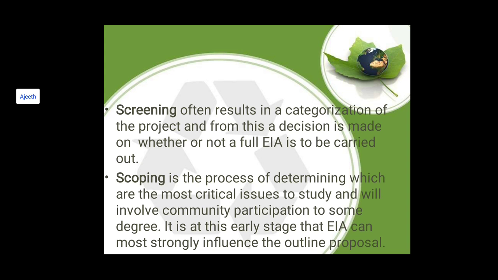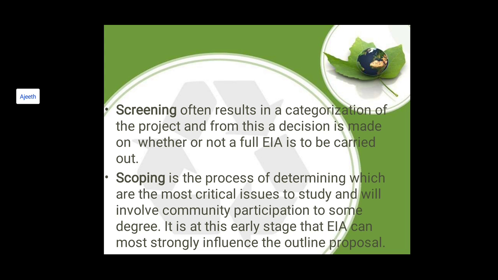That decision will be taken by categorizing according to the size of the project. Next is scoping. It is the process of determining which are the most critical issues to study, and will involve community participation to some degree. So public participation will also be done.